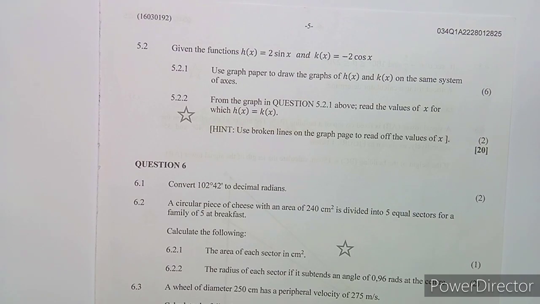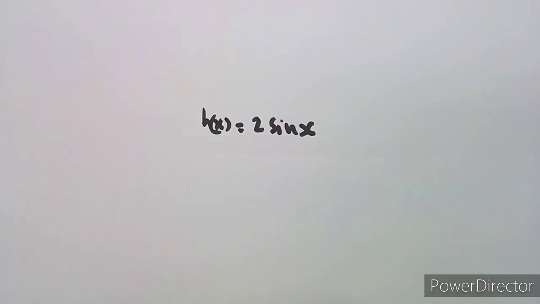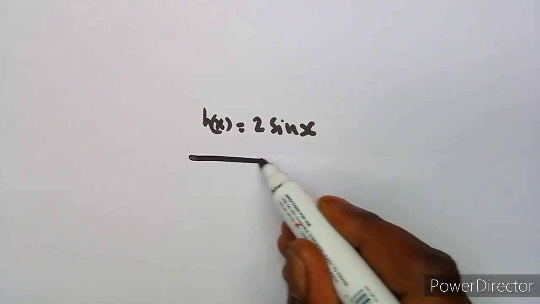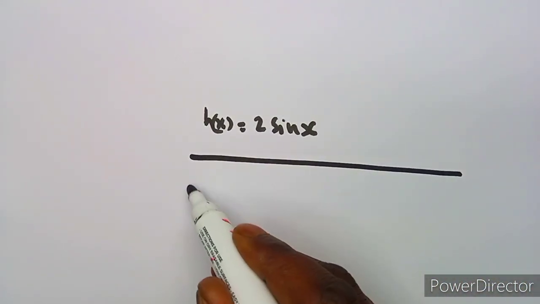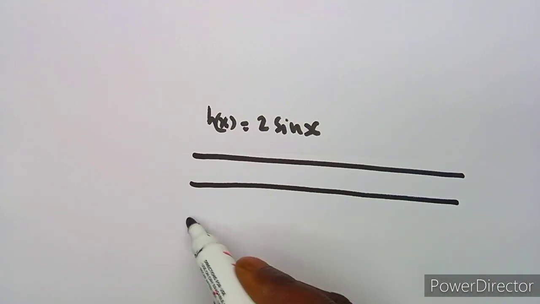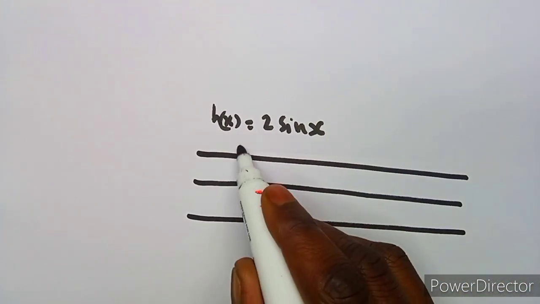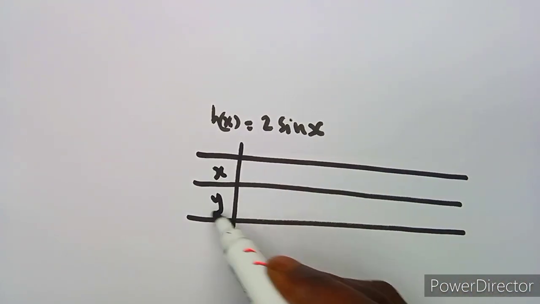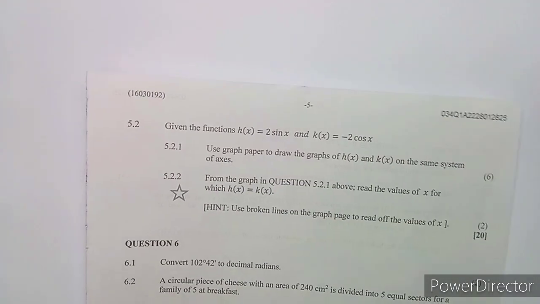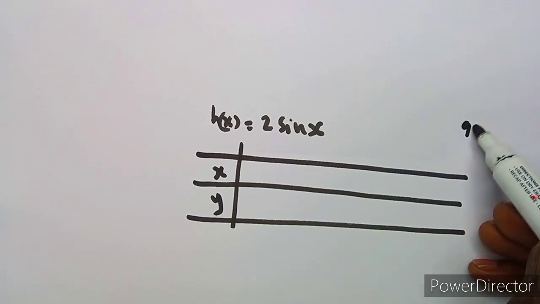Remember, guys, I talked about trig when I introduced the use of a table to end up with these values. So you can have the values of x and the values of y there. For sine and cos, it's best to use 90 degrees.